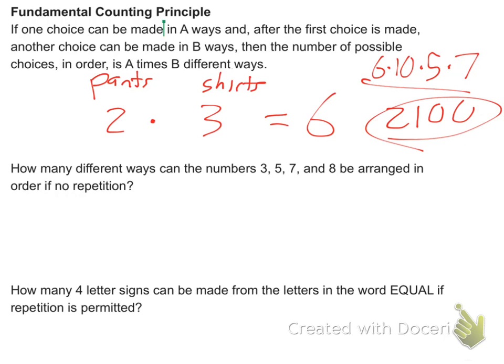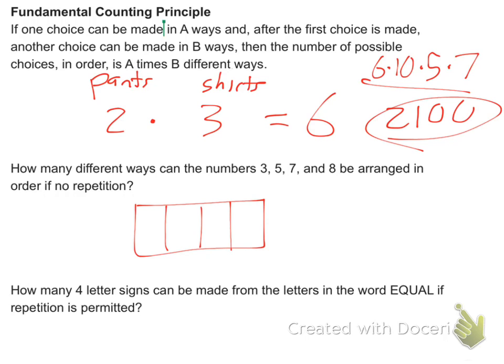So, let's start doing this ourselves. These are the type of problems you're going to see in your homework. How many different ways can the numbers 3, 5, 7, and 8 be arranged if no repetition is allowed? We're assuming we're using them all. So how many are there? There are 4. So how many boxes am I going to make? 4 boxes. 3 down lines there, because that makes 4 boxes.